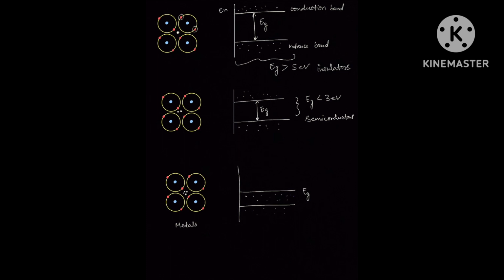It may behave like an insulator if we do not provide any energy, and if we provide some energy, it behaves like a conductor. While in the case of an insulator, the energy required is quite a lot larger. So, by looking at the energy band gaps, we can classify among these components.